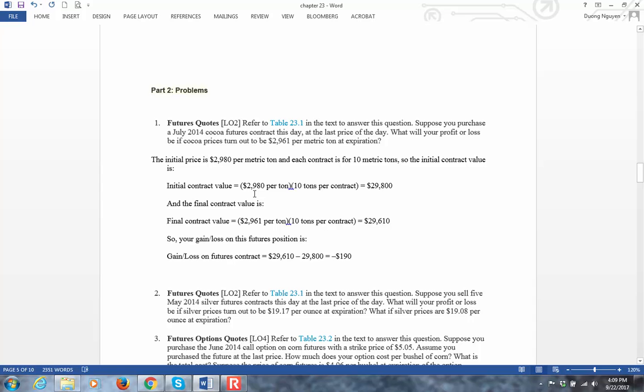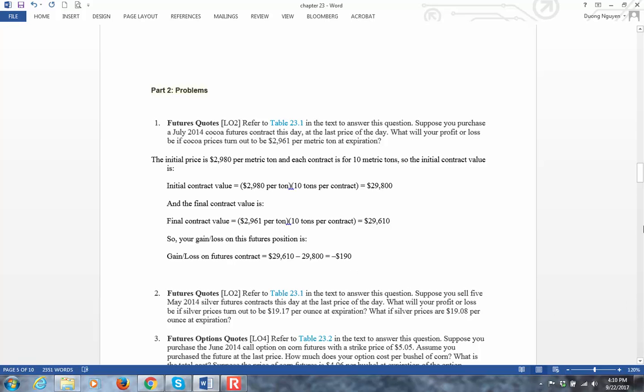So the initial contract value was 29.80 times 10 per contract, equal to 29,800. And the final value, with the price assumed to be 29.61, is 29.61 times 10, equal to 29,610. So you have a loss: 29,610 minus 29,800 equals negative 190.